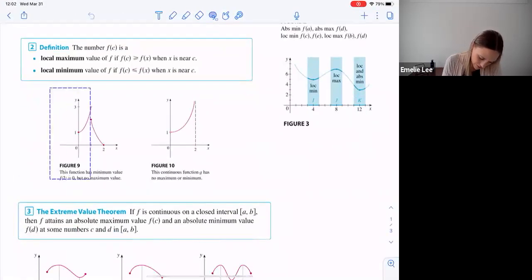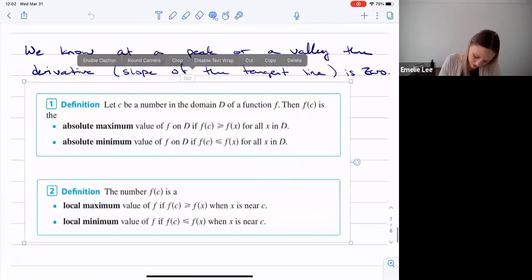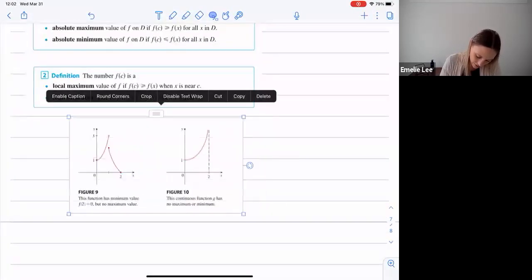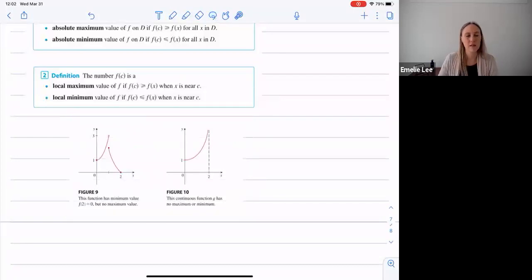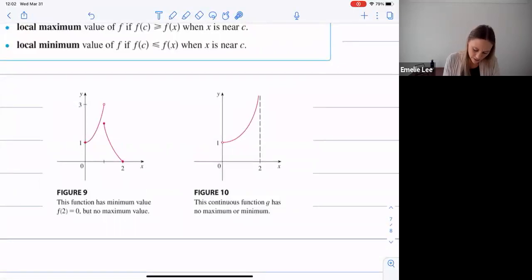Just a heads up on things that can happen, right? Because we assume that you're always going to have a maximum or a minimum, but that's not always the case. Okay, so here we can look at this graph in figure 9 and we can say, okay, well here, this is my minimum, right?